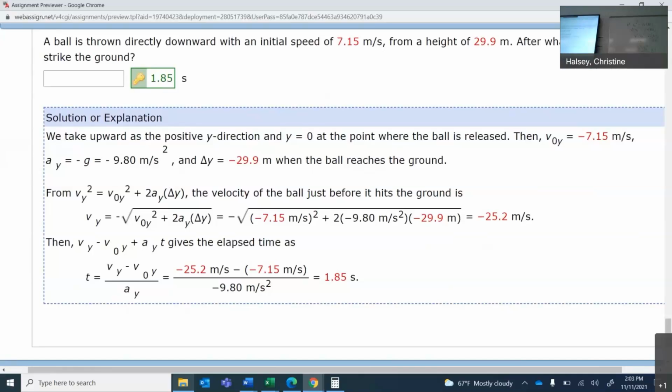All right, ball's thrown directly downward with an initial speed of 7.15 meters per second from a height of 29.9 meters. Again, 3 significant figures in both those numbers. After what time interval does the ball strike the ground? Upward is the positive y direction, and y equals 0 at the point where the ball is released.